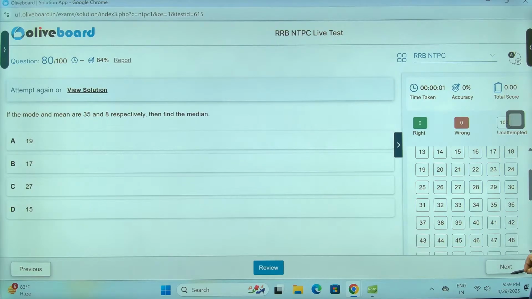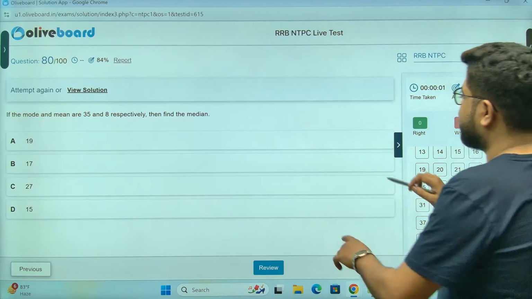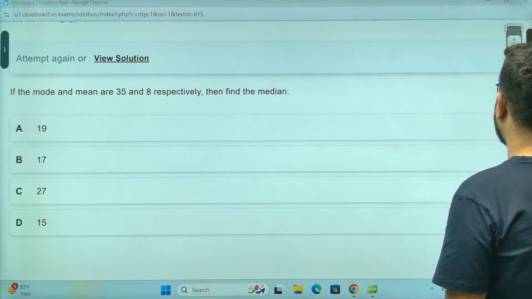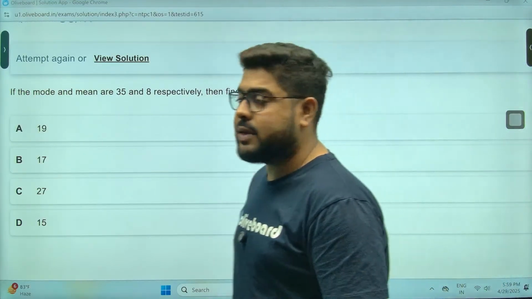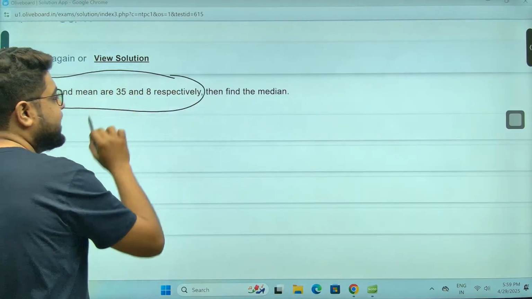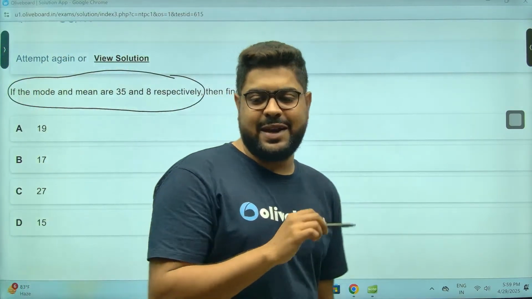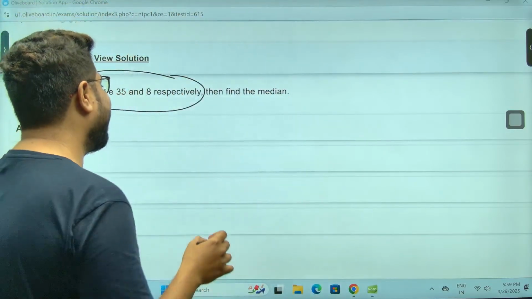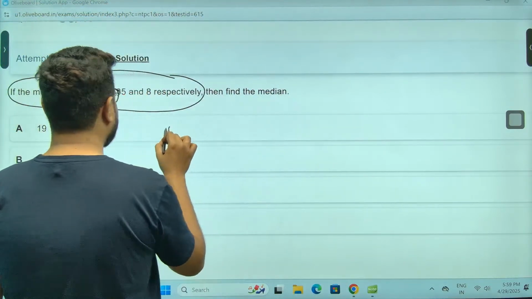Mean, median, mode. This question is again very important for RRB. There is this small, slick little formula. Can anyone tell me the formula?